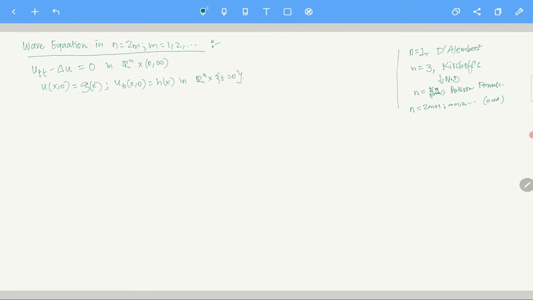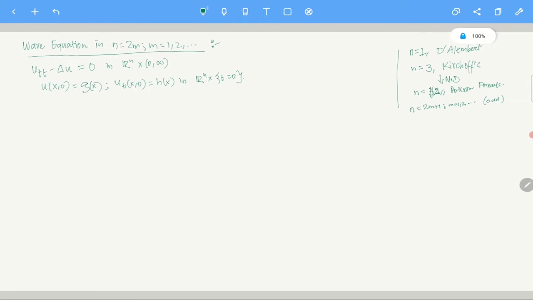Now we want to look at the even dimension problem. One simple thing, this n is even, that is what we assume.